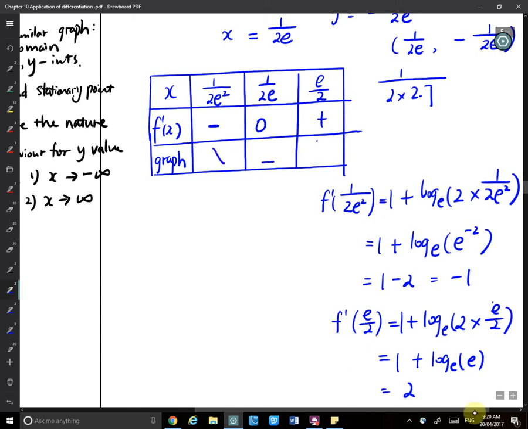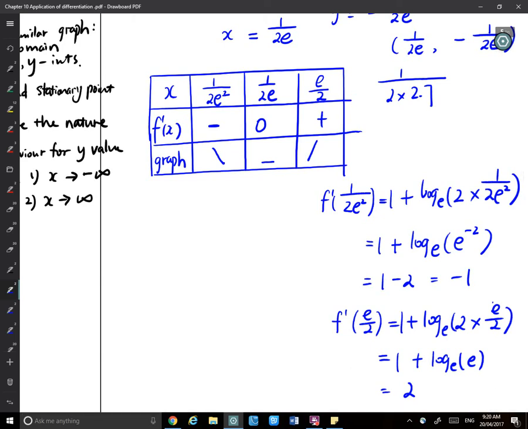Negative, 0, and positive. It is a minimum value. The hard part of this question is how you can choose two values to the left and to the right that make the calculation easy. If you choose a plain number like 5 or 2 or 1, you can't really find an easy calculation.